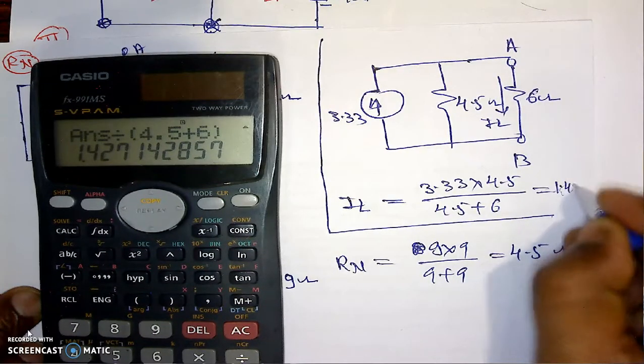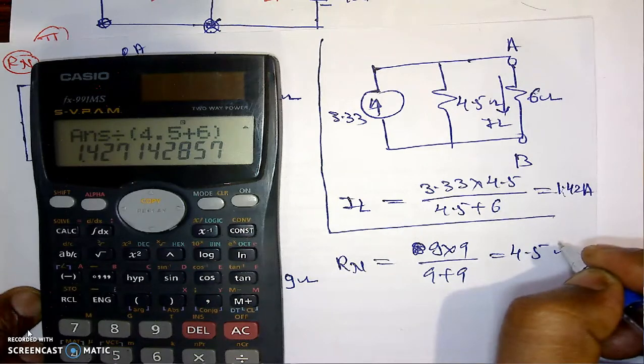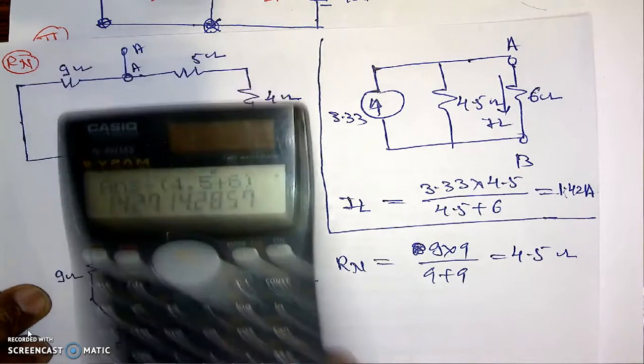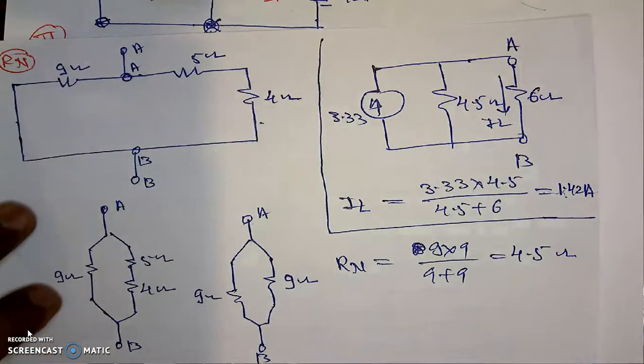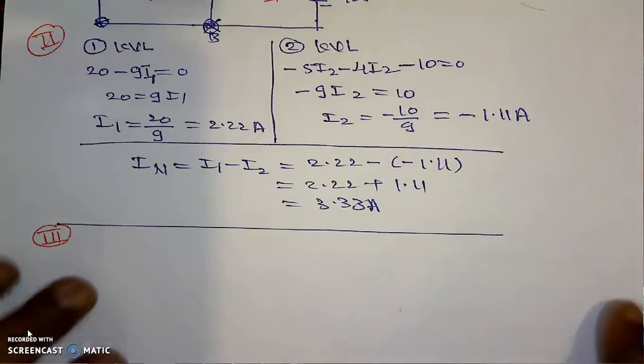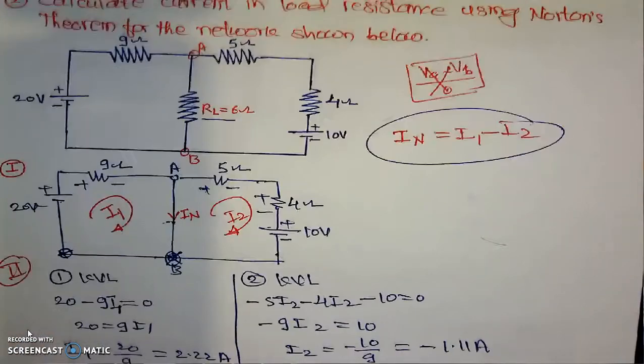This is 1.42 amperes, the current flowing through the load resistance using Norton's theorem. These are some tricks and techniques that can be used while solving problems based on Norton's theorem.